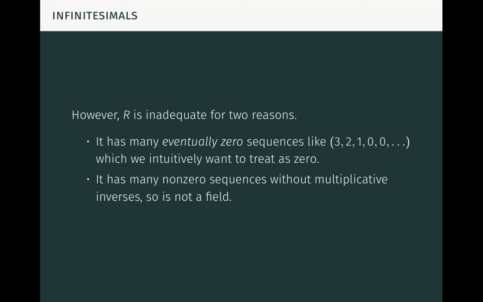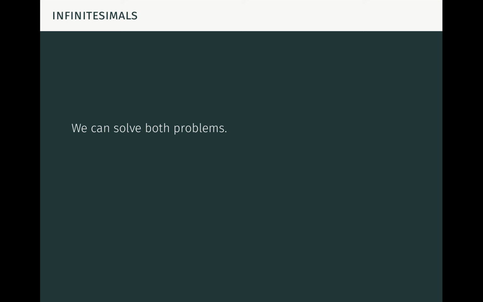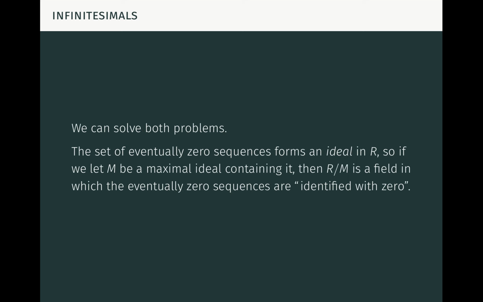Secondly, this ring has many non-zero sequences without multiplicative inverses, like the sequence I just listed, so it's not a field. However, we can solve both of these problems using techniques we've already described. The set of eventually zero sequences forms an ideal in R, so if we let M be any maximal ideal containing it, then the quotient R mod M is actually a field, in which the eventually zero sequences have been identified with zero.